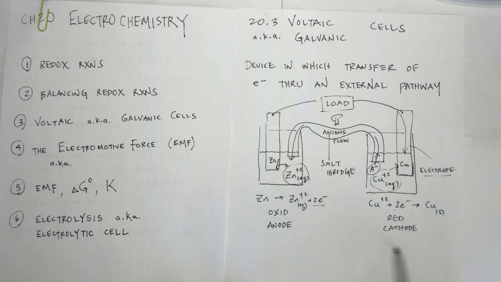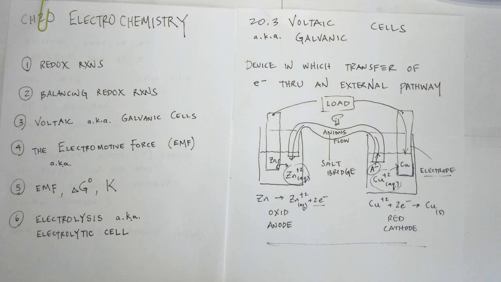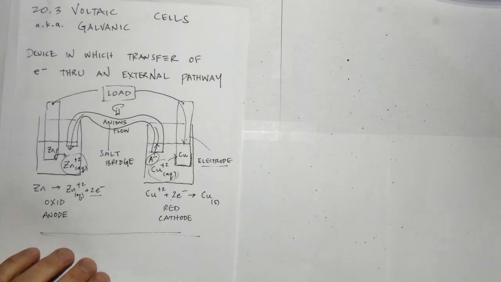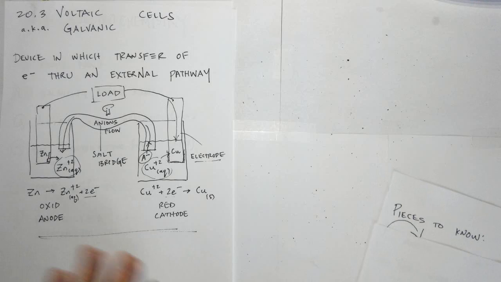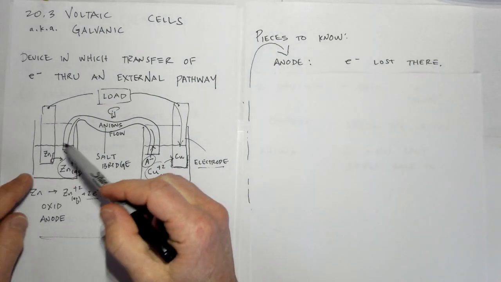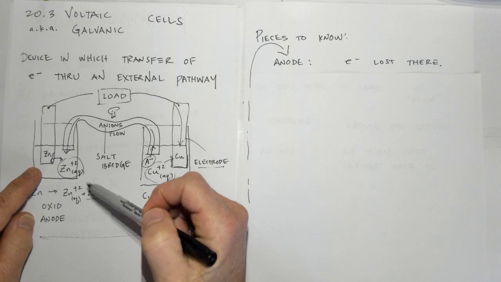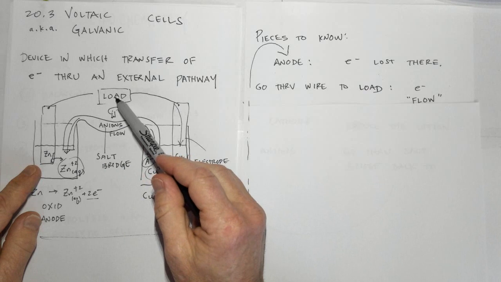And so in any battery, in any voltaic or galvanic cell, here are the pieces to know. So first of all, it starts at the anode. Electrons are lost there. The electrons go through the wire to the load.